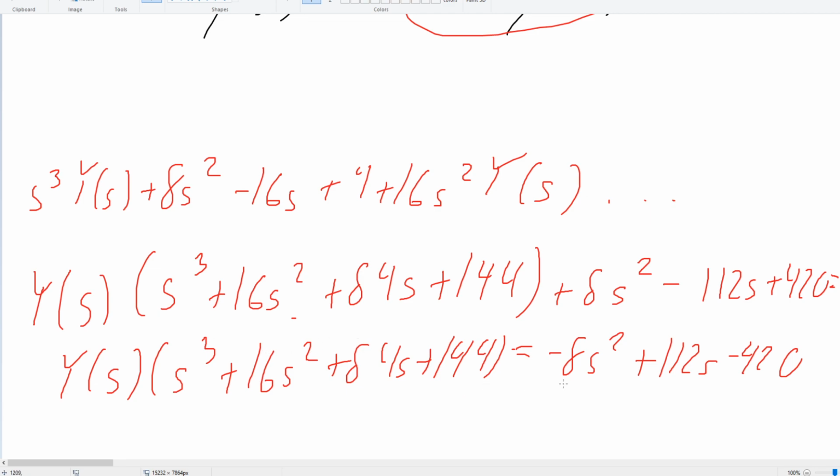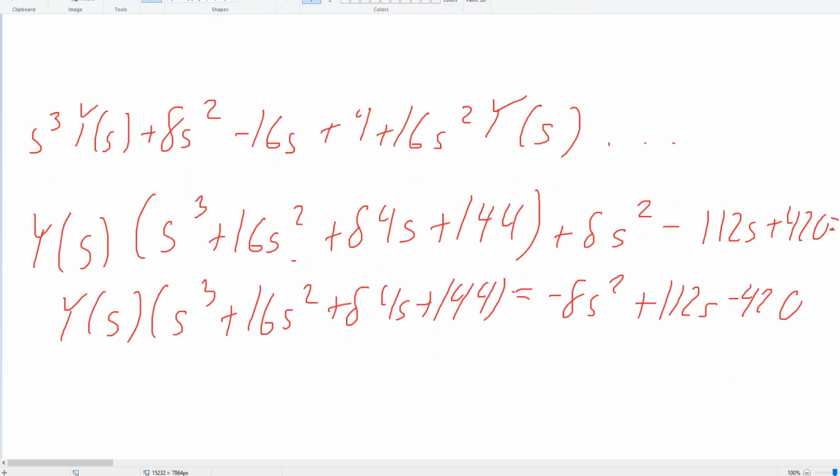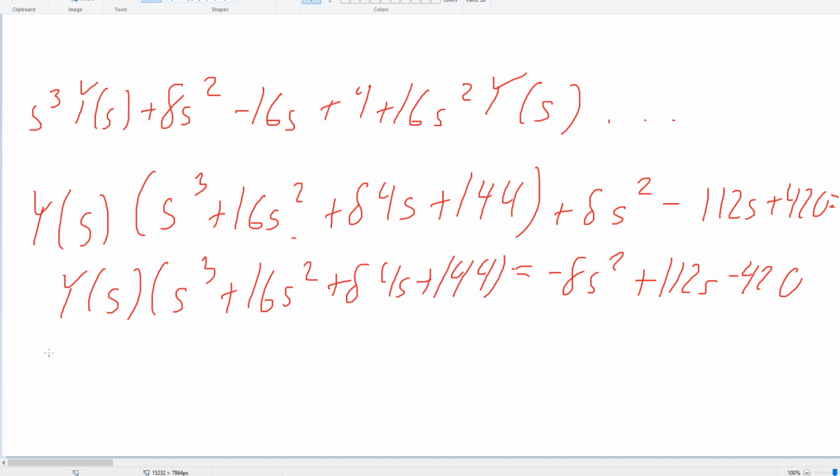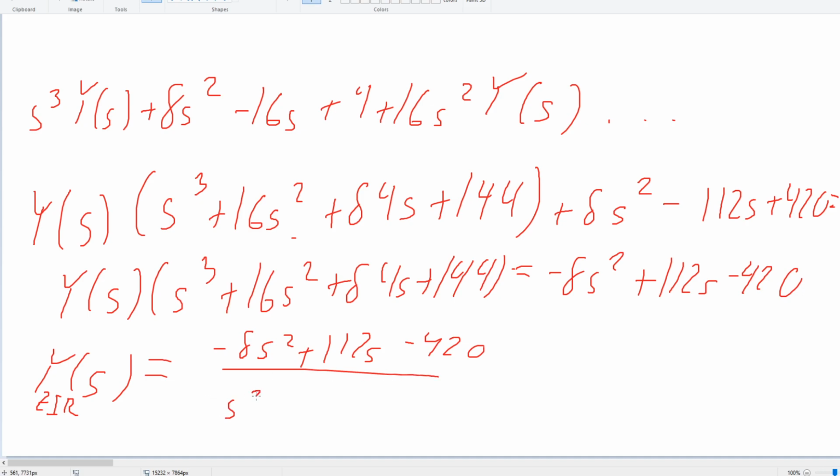And then all you're going to do is divide so that you get ys. This is, I forgot to write, a zero input response. You could write that for all the other parts. Negative 8s squared plus 112s minus 420 divided by s cubed plus 16s squared plus 84s plus 144, and that's going to be your answer.